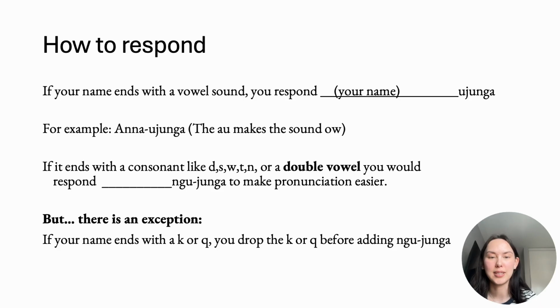Another example is if we had the English name Anna. Anna ends in a, which is a vowel sound. So we're adding that U yunga. And in Inuktitut, if there's an AU, like for example my name, it makes the ow sound. So we would say Anau yunga.